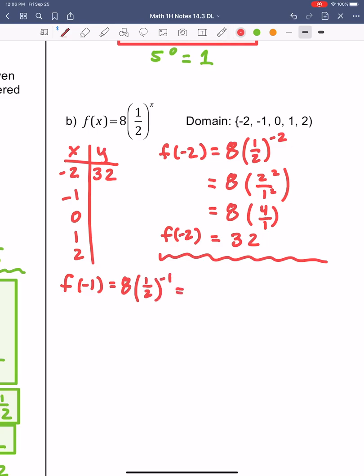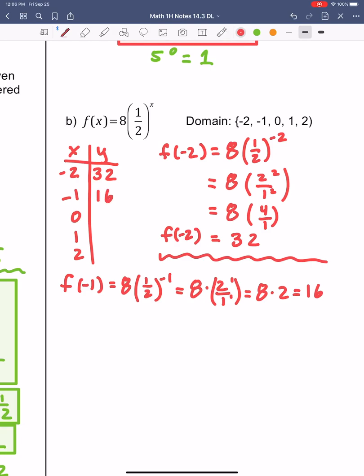All right, well, we've got a negative exponent, so that means I'm going to have to go ahead and flip that fraction. So I get 8 times, instead of 1 over 2, it's now 2 over 1 to the first power. Well, that just gives me 8 times 2, and that just gives me 16. Right, notice I don't really need this 1 that's on the bottom, right? That's why I'm kind of ignoring it, because we're dividing by 1, so that's why I'm not using it for anything.